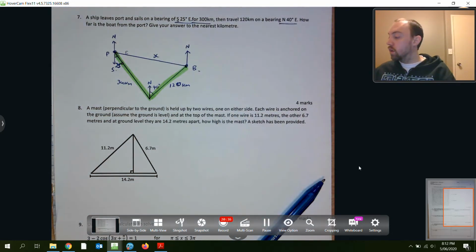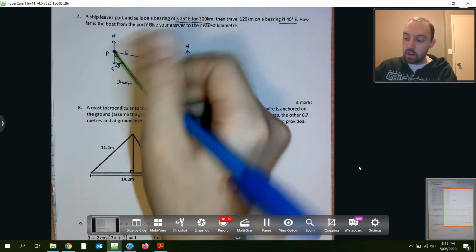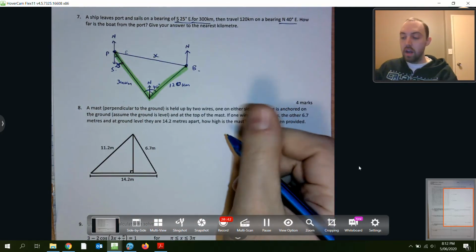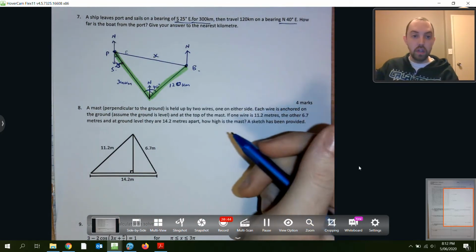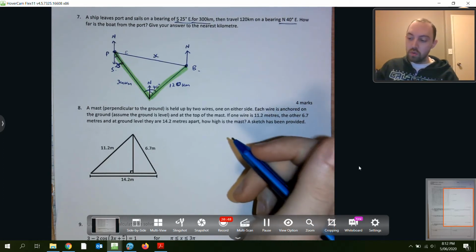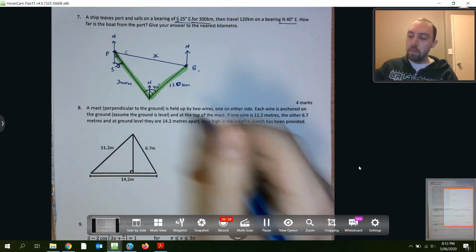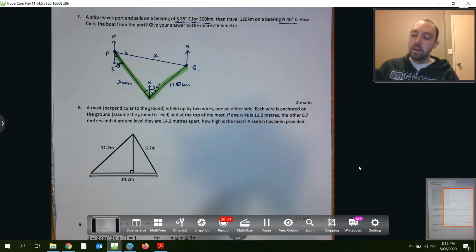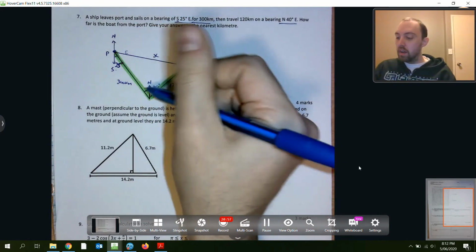I know both of those, and if I can find the whole angle in between them, the included angle, then it's looking a lot like cosine would be useful to me. I don't really know many other angles here, so sine rule is less likely, but let's see how it works out.